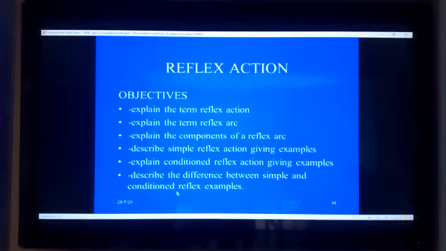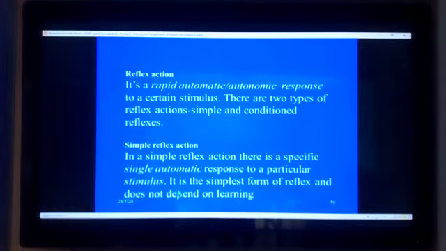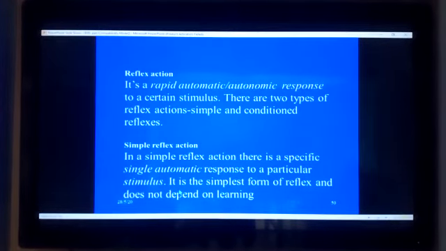Now, in this session, we may delve into the simple reflex action, then later on we shall deal with a conditioned reflex action. So what is a reflex action?